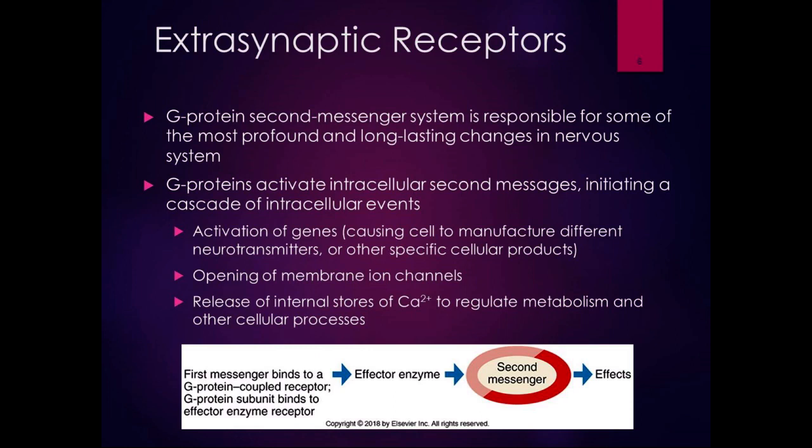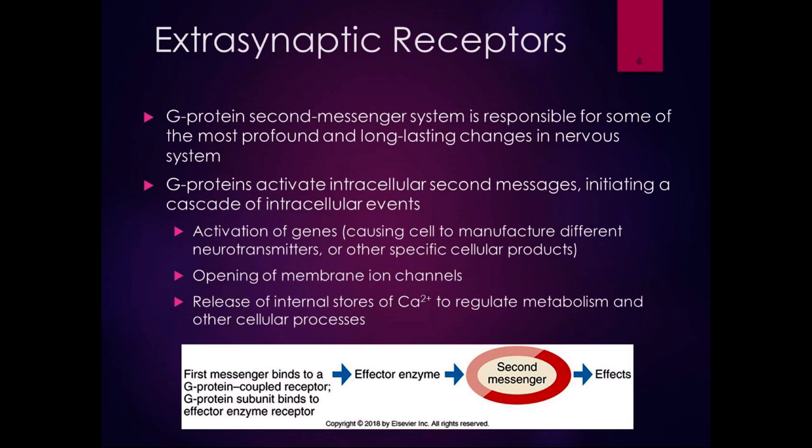G proteins activate intracellular second messengers, initiating a cascade of intracellular events: activation of genes causing the cell to manufacture different neurotransmitters or other specific cellular products, opening of membrane ion channels, or release of internal stores of calcium to regulate metabolism and other cellular processes.